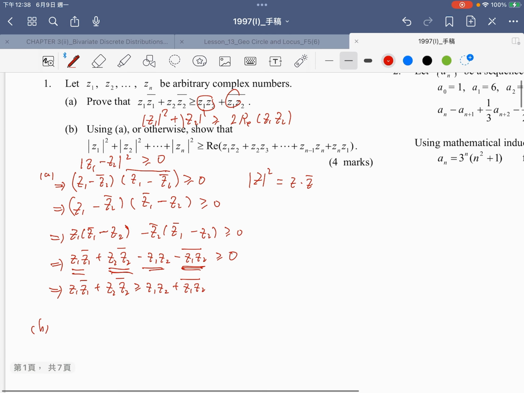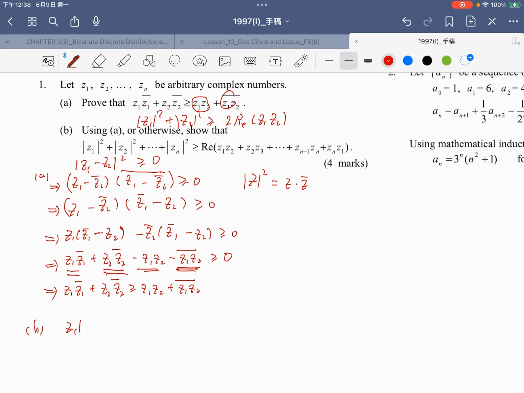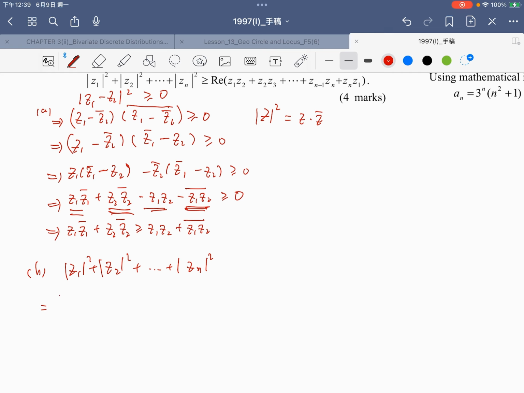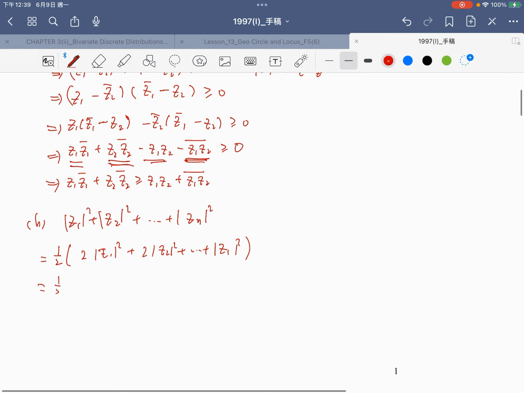In this case, for part B, we can group the terms. That means 1 over 2, 2 Z1 squared plus 2 Z2 squared, and so on. Then Z1 squared, group term by term.